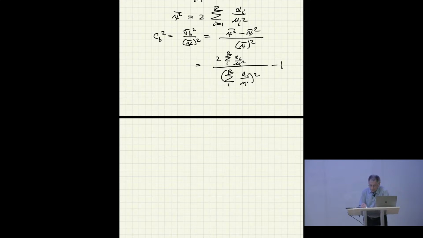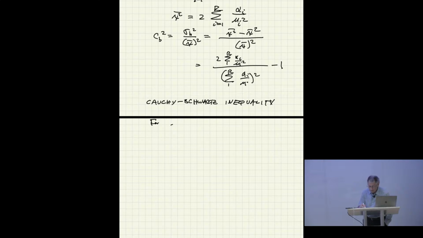Well, it turns out there's a very nice Cauchy-Schwarz inequality, which takes various forms, by the way. But in our case, it can be written as follows.